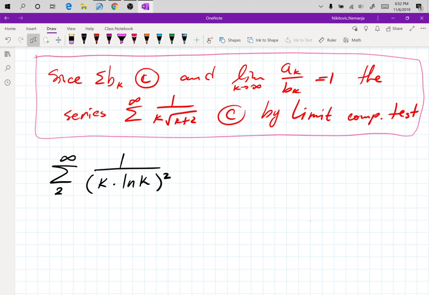So how are we dealing with this ln k? What's that comparable to? Does that graph look like anything else that we could use? The graph of ln x?